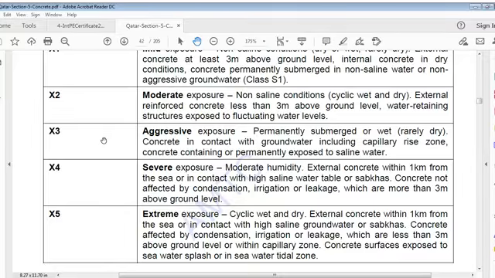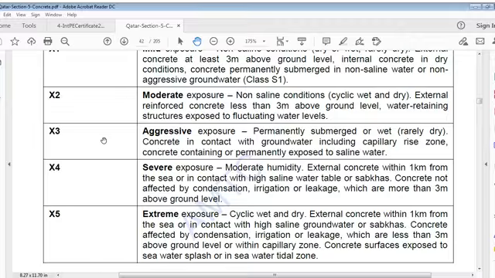X3, that is aggressive exposure. Aggressive exposure starts with something permanently submerged, wet, rarely dry. Concrete in contact with groundwater, including the capillary rise zone, concrete containing or permanently exposed to saline water. X4 is severe exposure, which is upgraded from aggressive to severe.